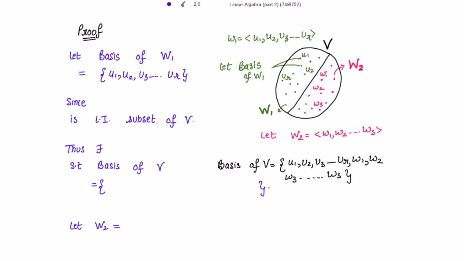Since these are the basis, they are also linearly independent, and we can also say that this is a linearly independent subset of V. So if this is a subset of V, then it can be extended to a basis of V.